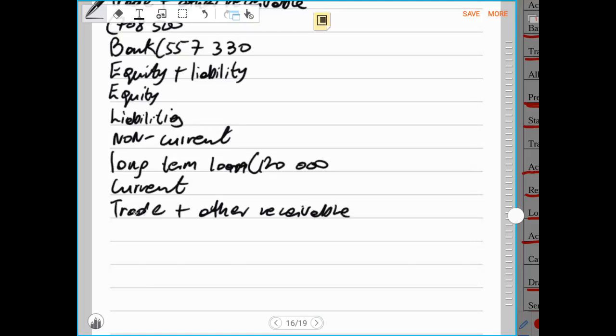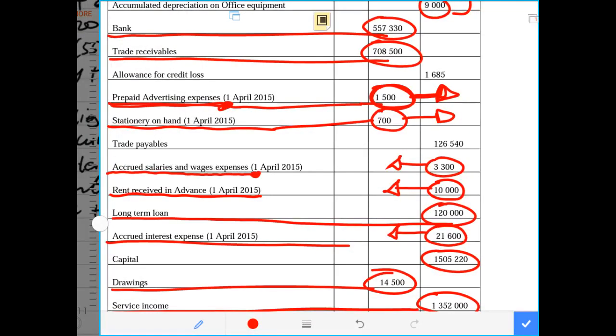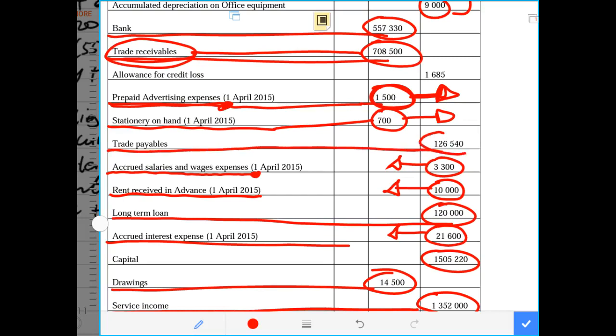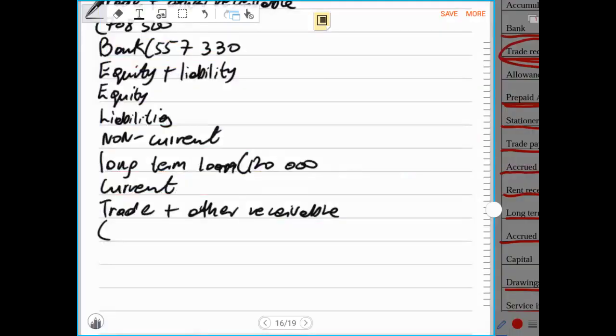And under trade and other receivables, we have an amount that is given to us. Trade and other receivables, sorry, trade and other payables, 126,540. Trade and other payables, 126,540 is not the receivables.